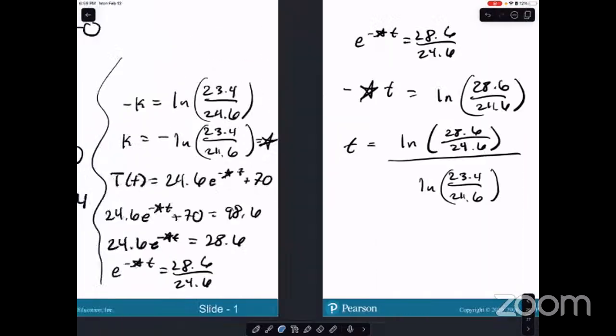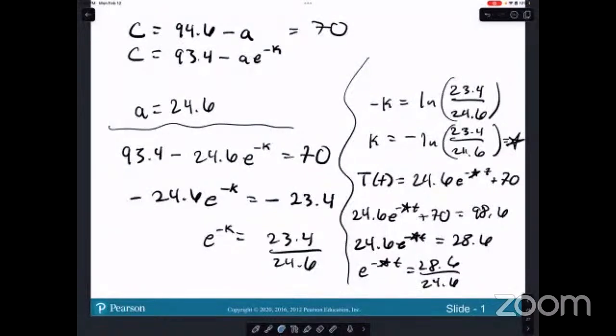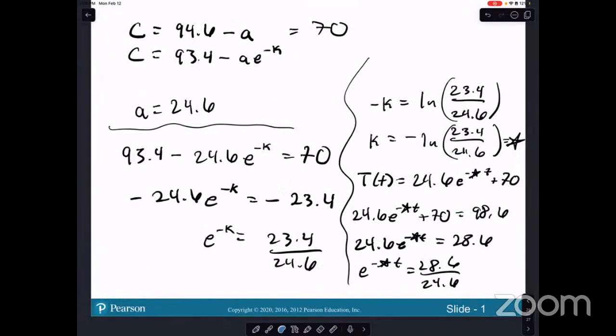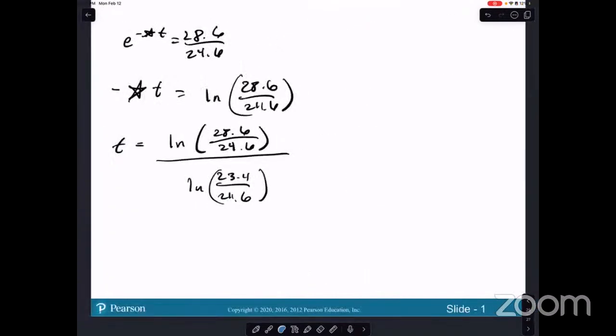I feel good about this. We got our A to be 24.6, E to the negative K times T, 70, 98.6 was the temperature. Subtract 28.6, divide 28 divided by 24. Take the natural log.